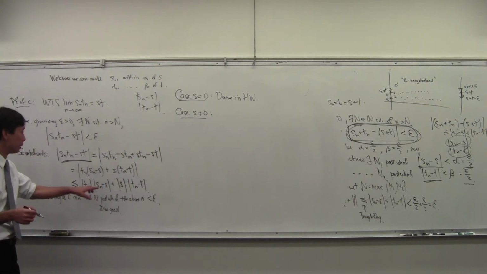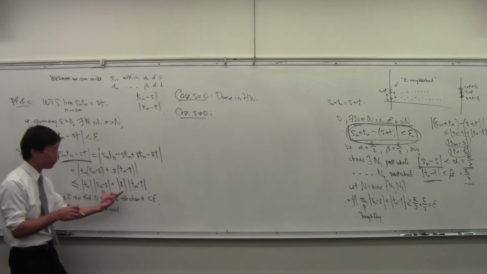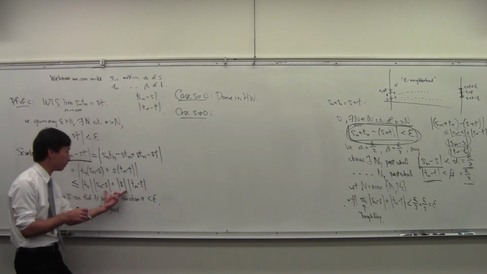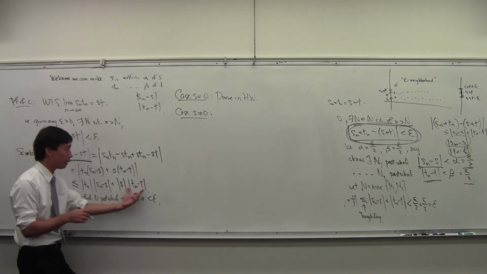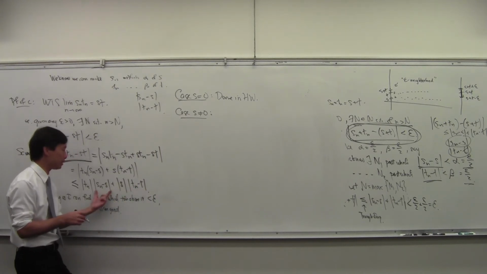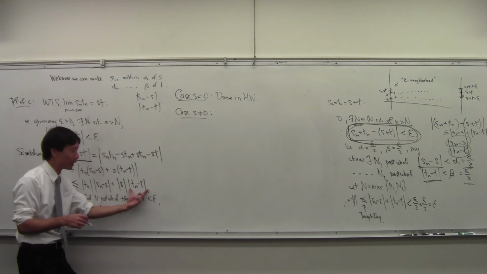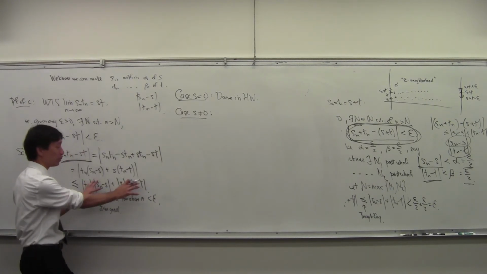Okay, so think like this. We're trying to get control over this thing, make this thing smaller than epsilon. Well, how can I do it? I can make this thing as small as I want. I can make this thing as small as I want. How small should I make this, the Tn minus T? I want this plus this to be smaller than epsilon.